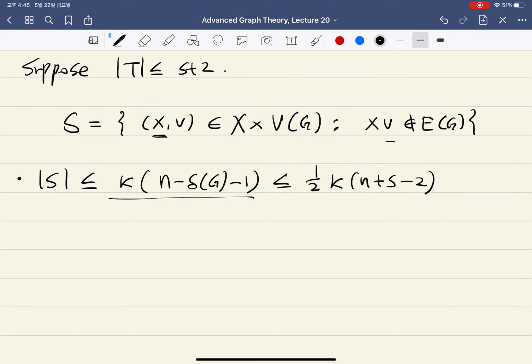On the other hand, we can prove the lower bound on S. So it's double counting. This is counted from the perspective of x, and now the perspective of v.